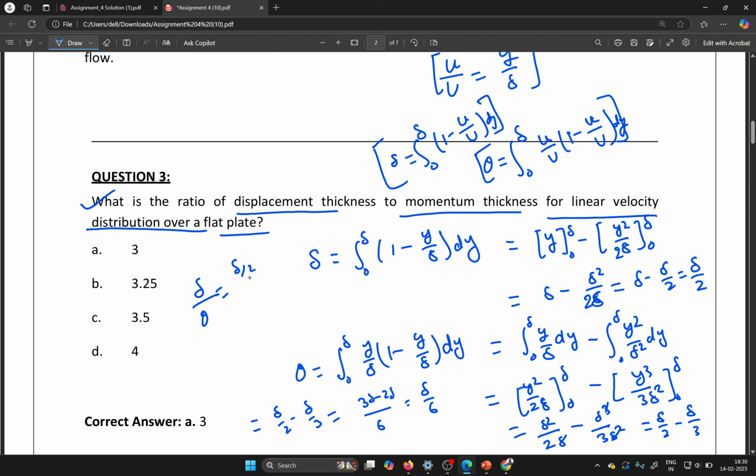So delta by 2 over delta by 6. Delta cancels out, 6 by 2, you get the answer 3. So option A will be correct for this question. You need to calculate like that for each question, with this procedure.